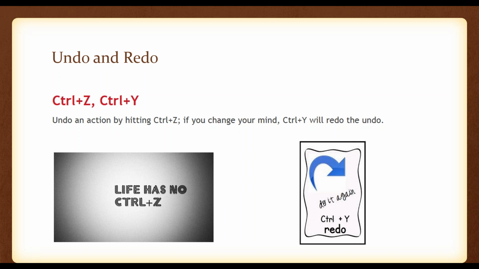That was so cool. But if you want to, you know, wipe something out that you've made a mistake, undo an action by hitting Control Z. That works in almost every program I can think of. Or if you change your mind, Control Y will put it back. And I use Control Y a lot.